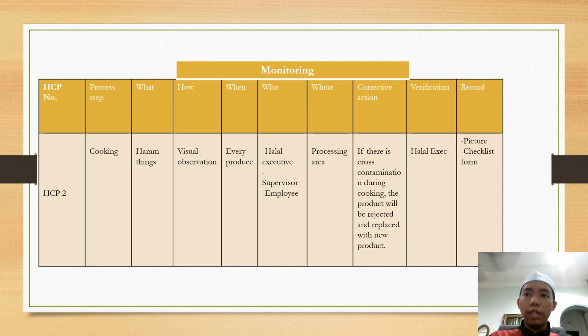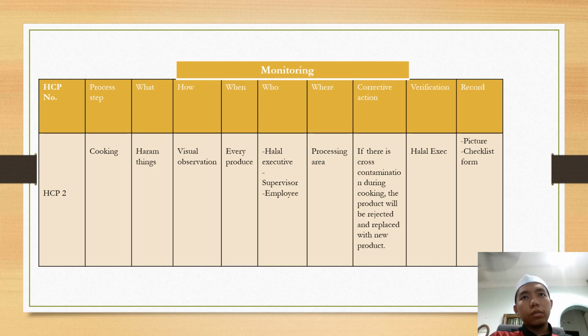So we go to HCP2. HCP2 happens at the cooking process. So how does the halal executive monitor the cooking area process? What he needs to monitor is the haram things at the cooking process. So how does he monitor it? He monitors it using the visual observation way.